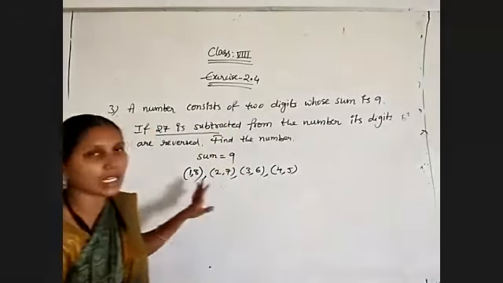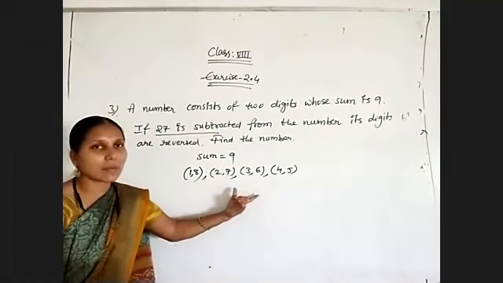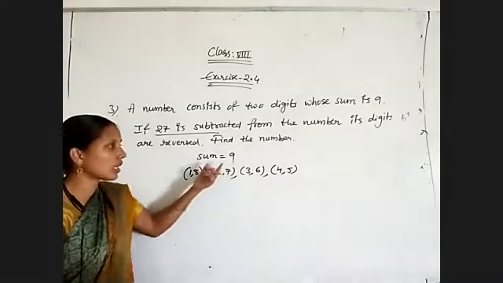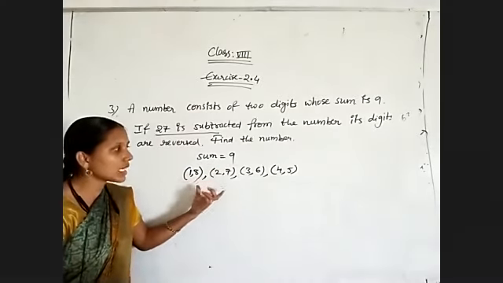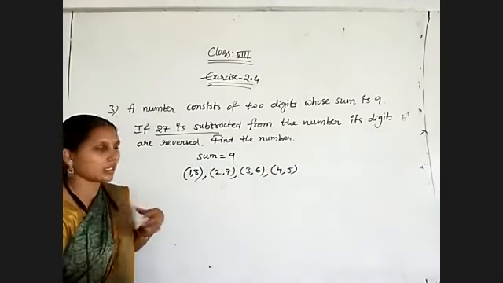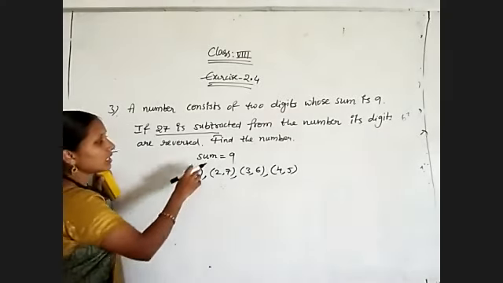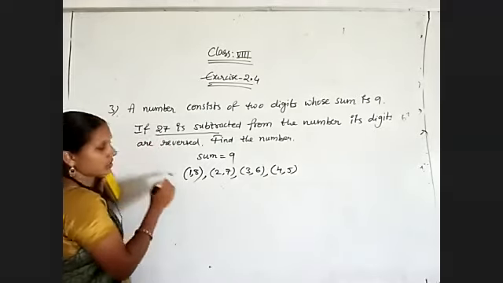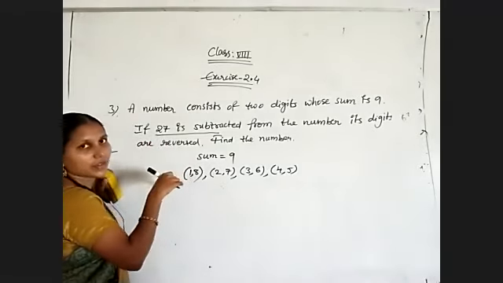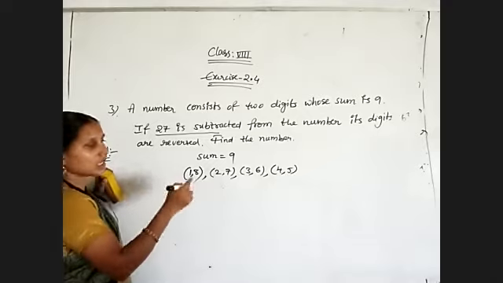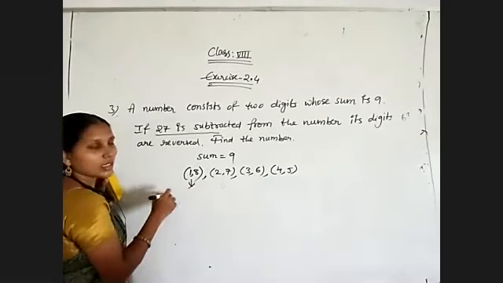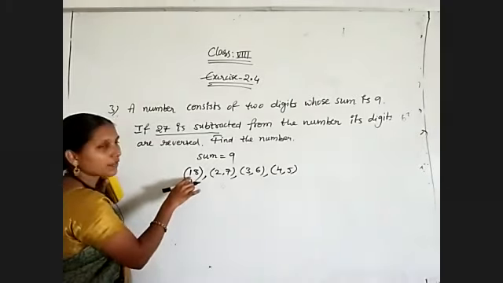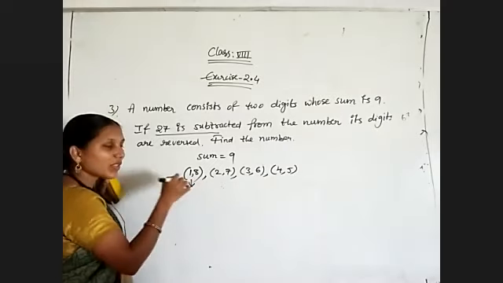So we leave that. Total how many pairs are possible whose sum is equal to 9? Total 4 pairs are possible. In this, what is the required pair? We need to find. They have given that when 27 is subtracted from the number, we need to get the reverse. Whenever we are doing subtraction, it is from the greater number.